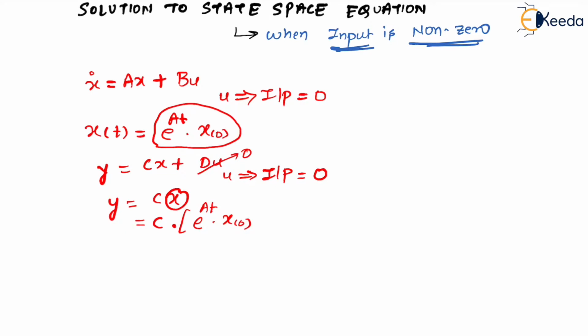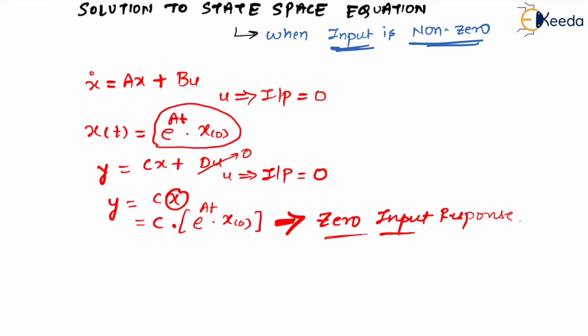That is what we have seen already, and we call this the zero input response. Why? Because the name itself says that input is zero. It is the response when the input is zero, hence it is called the zero input response.